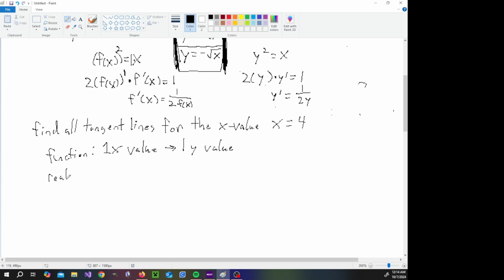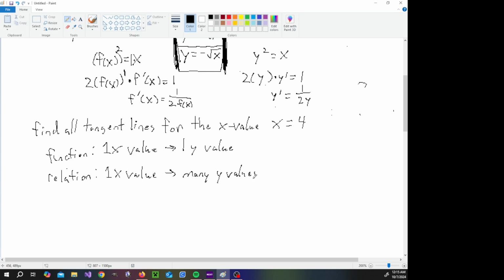A relation just gives us one x value that may correspond to many y values, right? And so that's the issue here.